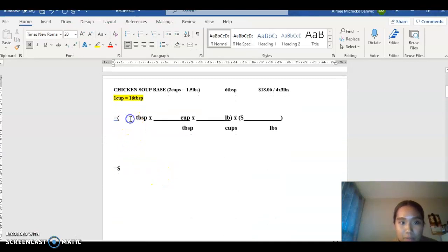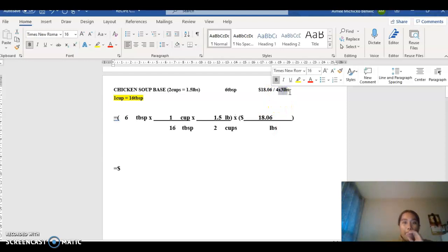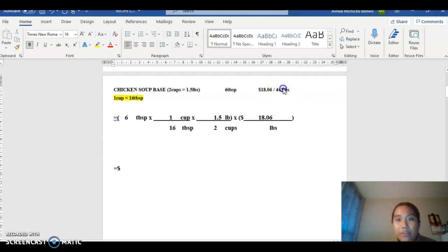So I have 6 tablespoons, and in 1 cup there's 16 tablespoons based on our conversion of unit. And here we're using the weight equivalency of 1.5 pounds per, I mean, 2 cups. And here's our price. We'll just copy it, $18.06 per, here we have to go, if you see this number, we have to multiply.